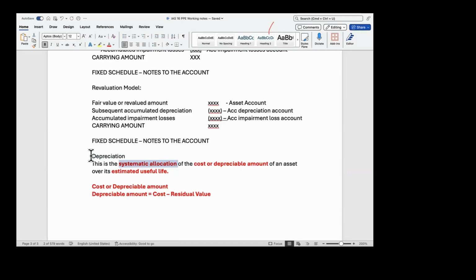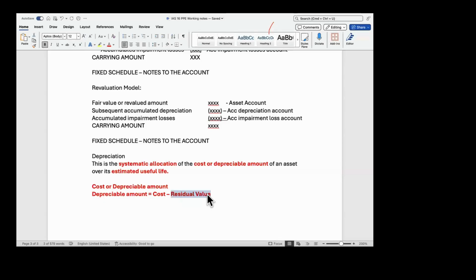Depreciation is the allocation of the cost or depreciable amount. Depreciable amount is like the amount that is depreciable, or allocatable. The amount that you usually allocate ordinarily should be the cost. But there is a portion of this cost that you cannot allocate, which is the residual value. You can't share it.